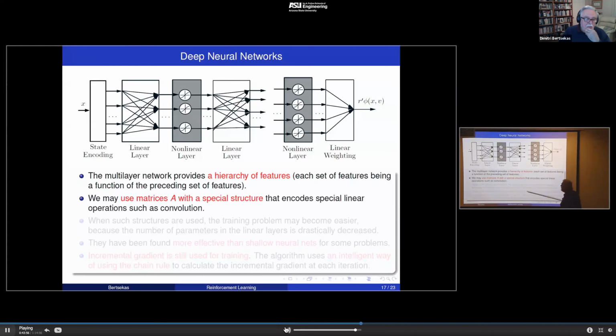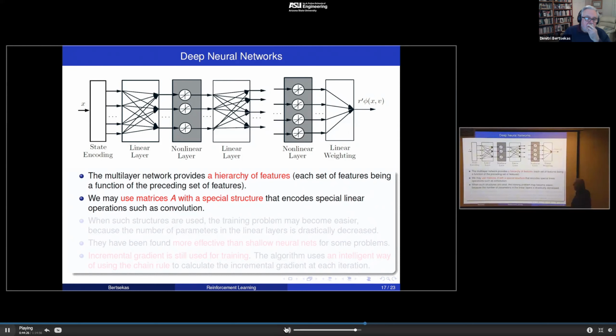Another possibility here is to make this layer specialized, like the matrices here may involve special structure which focus on particular characteristics of the target function. So special linear operations such as convolution can be built in here. This is popular in image processing. With convolution, you can sort of focus on particular types of objects in your image.